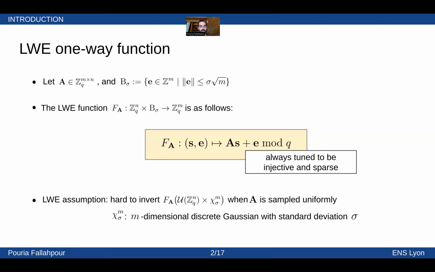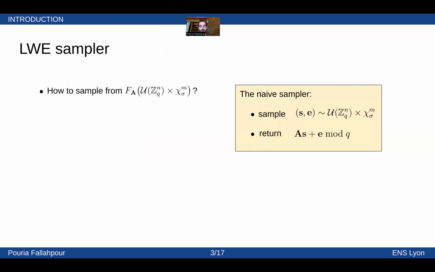In this setting, it's hard to invert As plus e mod q. So what I just explained is a naive sampler for the LWE one-way function. So first of all, this naive sampler is clearly not oblivious. An interesting question is whether we can build an oblivious sampler for LWE.